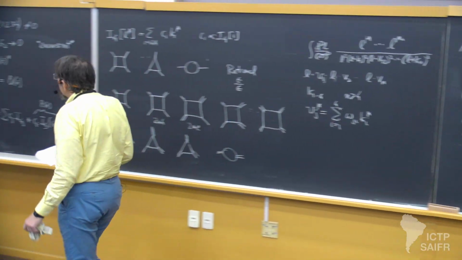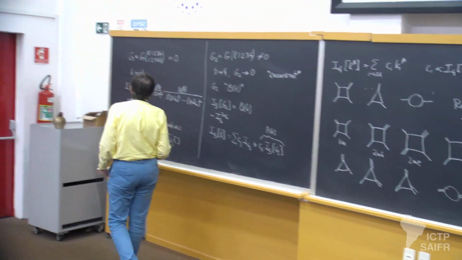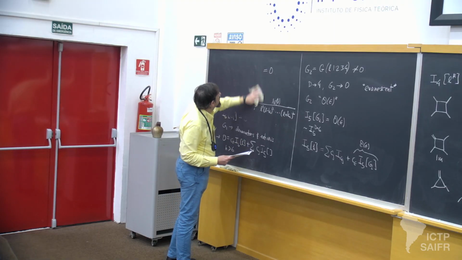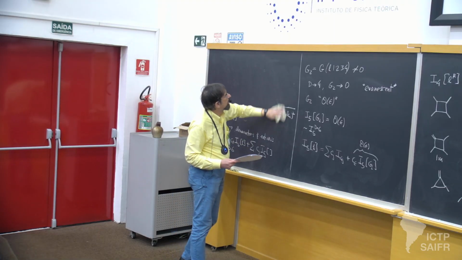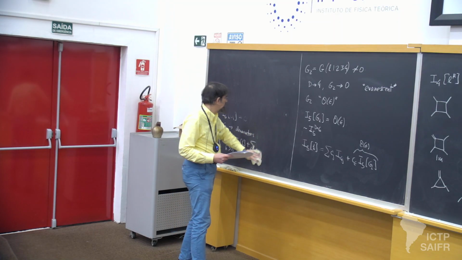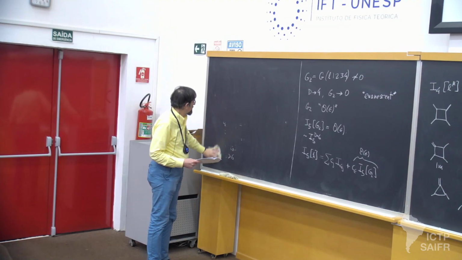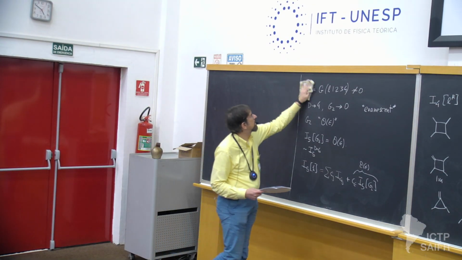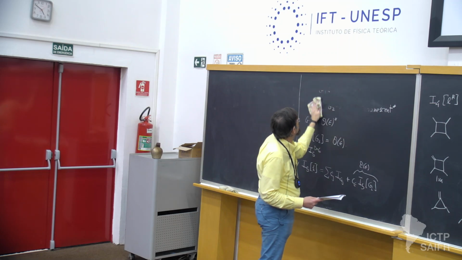Now, the other thing that isn't maybe completely obvious, but turns out to be true for the quadruple cuts, is we can actually work in 4 dimensions. In a sense, the relevant analytic structure.